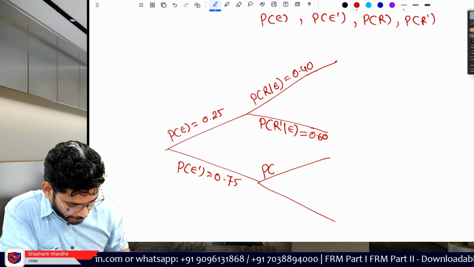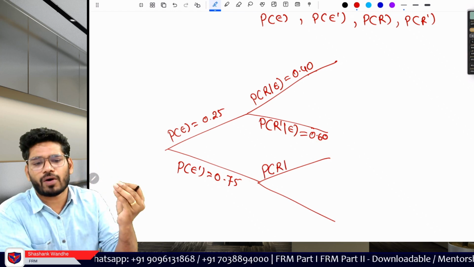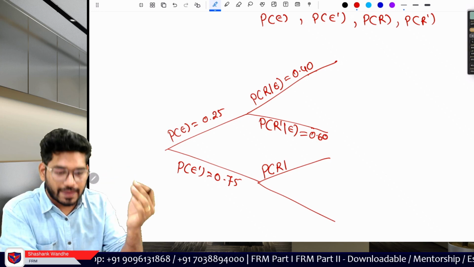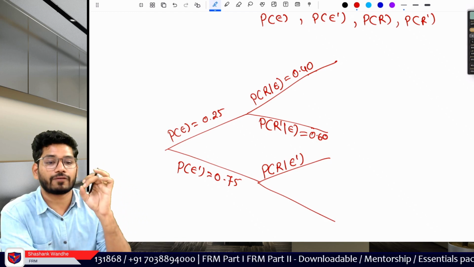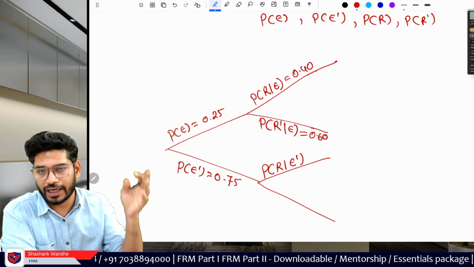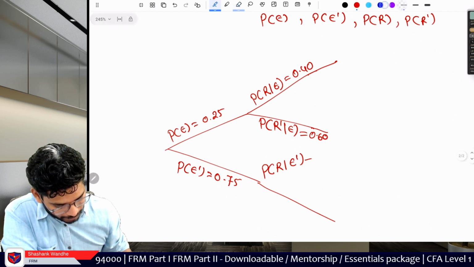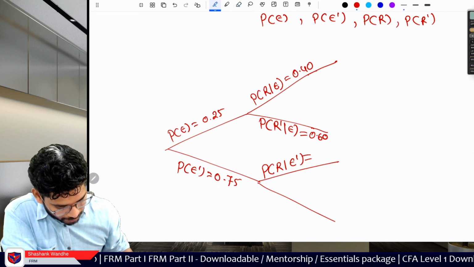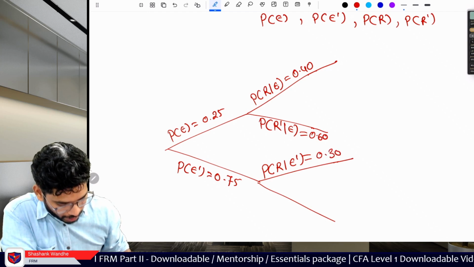Now here, if there is no expansion, still there is a possibility that the company will give us good results. And here it will be noted like this: probability of good results but not expansion, E naught. Let's say this is 30%.